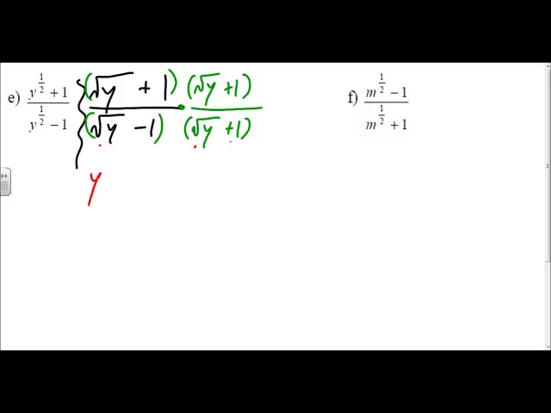Square root of y times positive 1 is positive square root of y. Negative 1 times square root of y is negative square root of y. And negative 1 times positive 1 is negative 1, in which case these two subtract out, and our new denominator then is just going to be y minus 1.